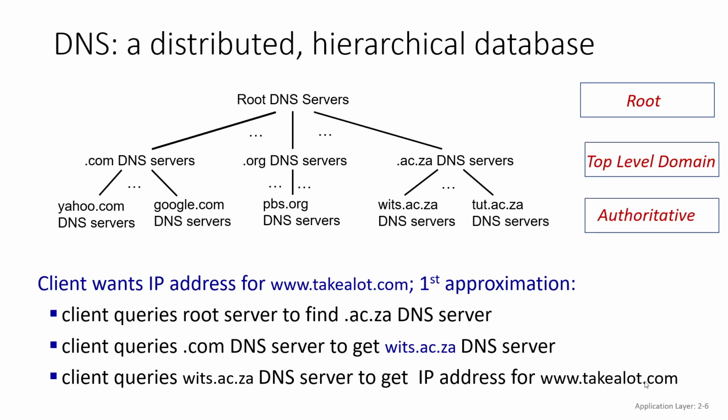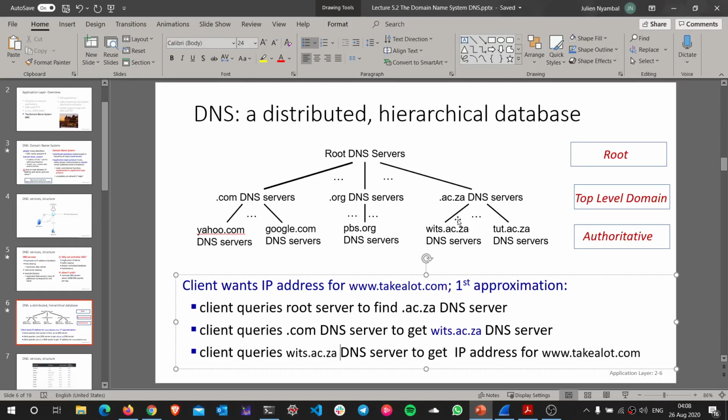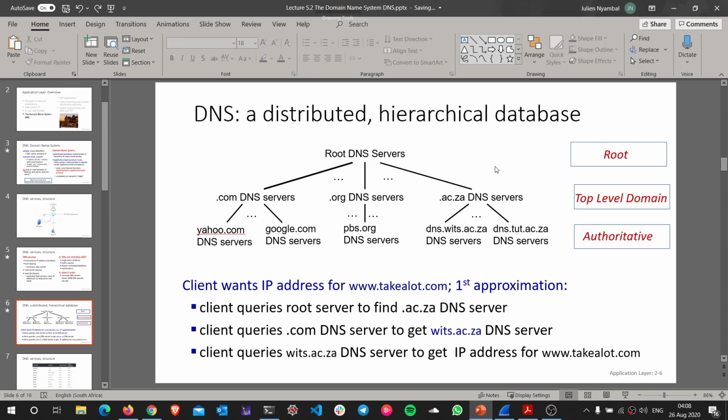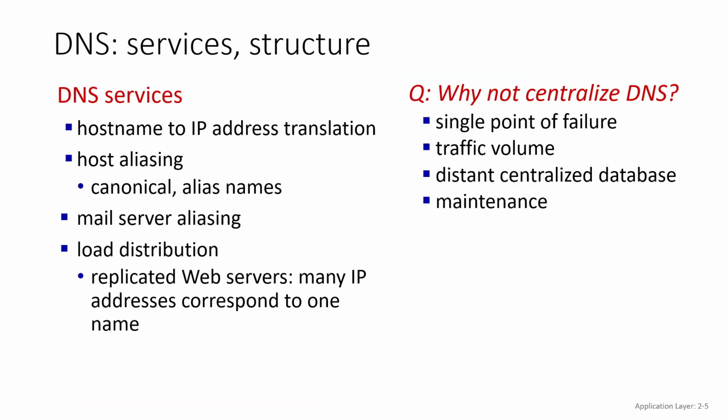So now when you go down to wits.ac.za, there are some DNS servers. In fact, we can assume that wits.ac.za will have DNS like that. Same for Tshwane University of Technology, dns.tut.ac.za, right?